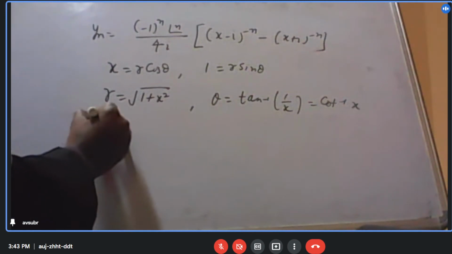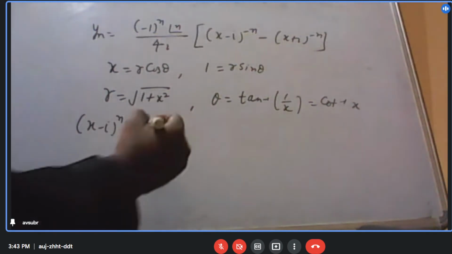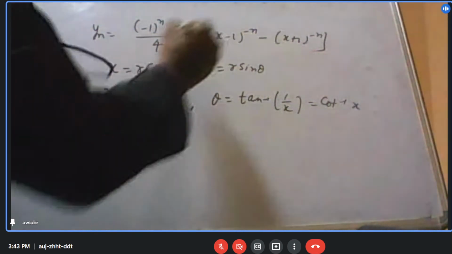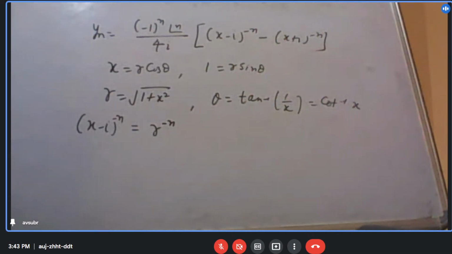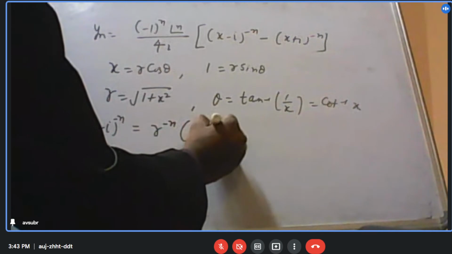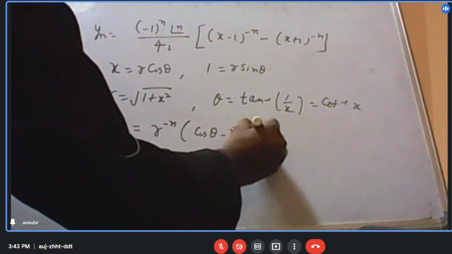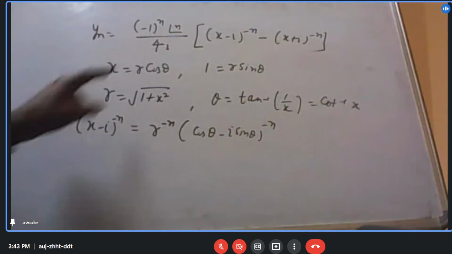So now x minus i to the power minus n is equal to r to the power minus n multiplied by cos theta minus i sin theta to the power minus n. We will put these values over here.